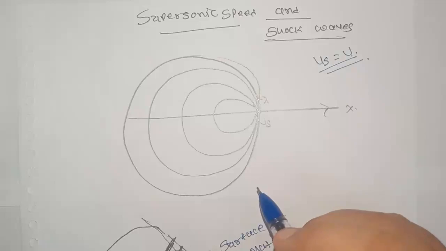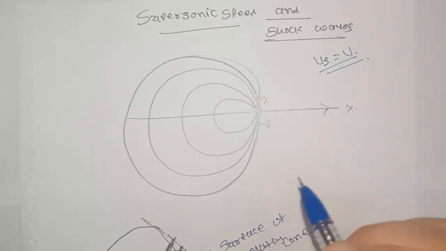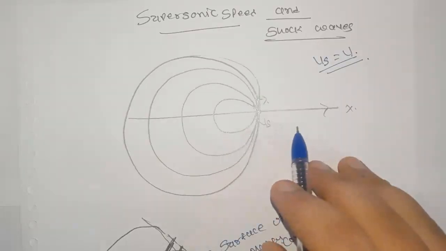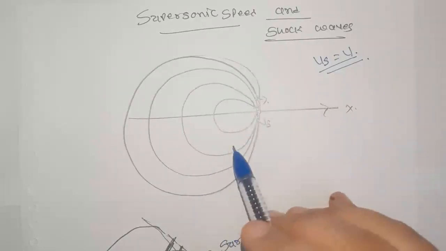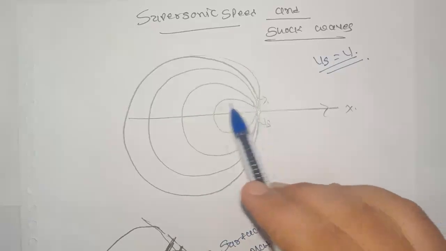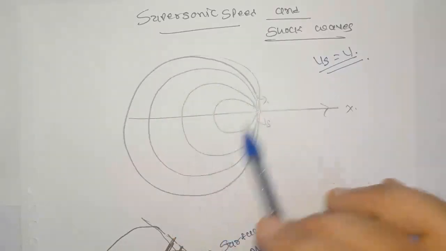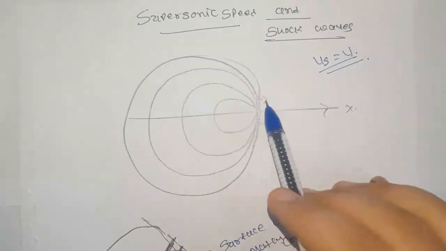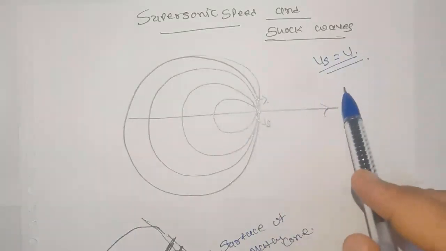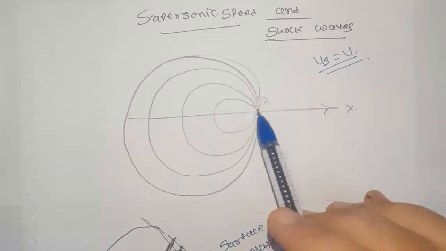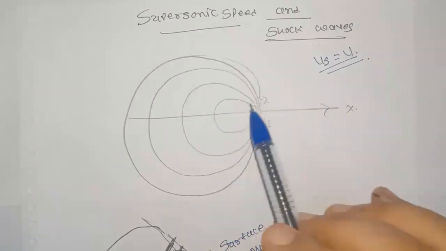This means that the source is moving so fast that it keeps pace with its own spherical wave fronts. These are the wave fronts created by the source at different points, but the source is moving with the speed of sound, so it is keeping pace with its own spherical waves.